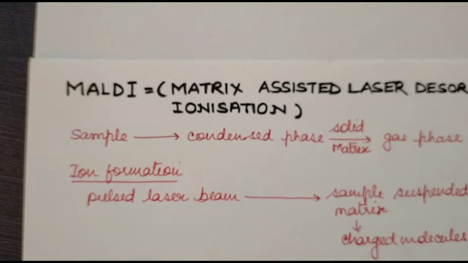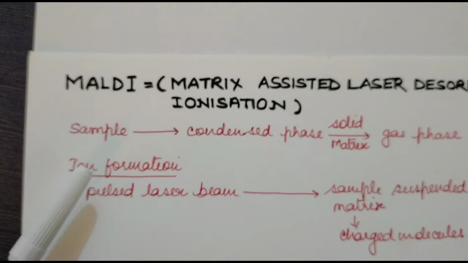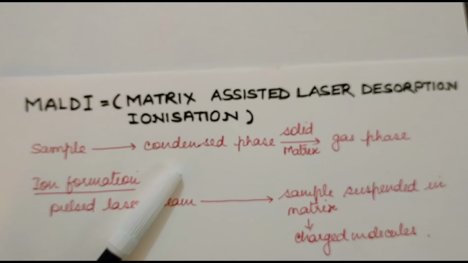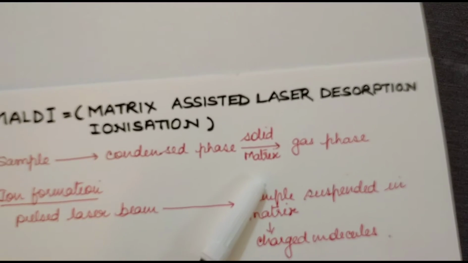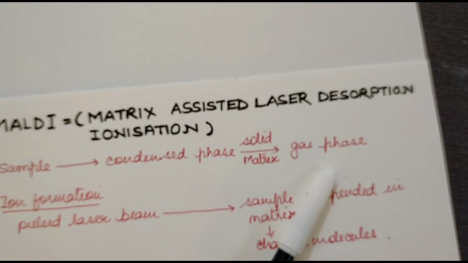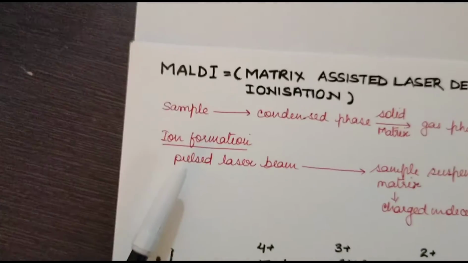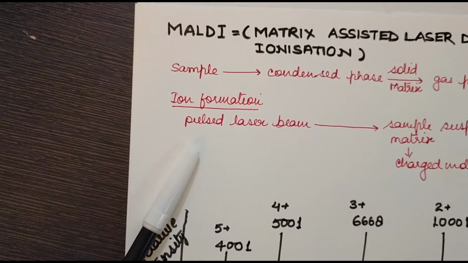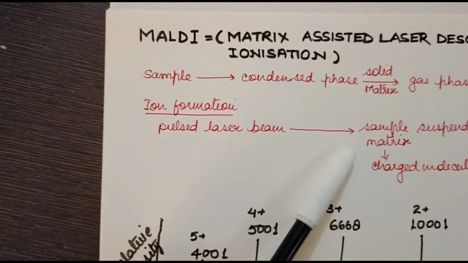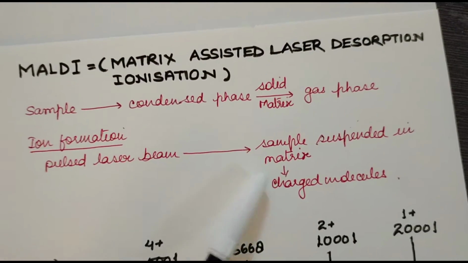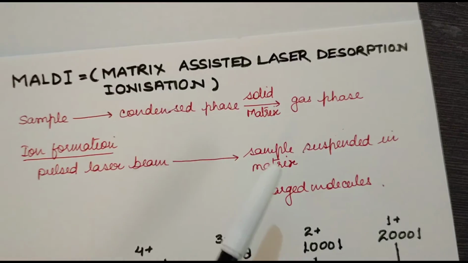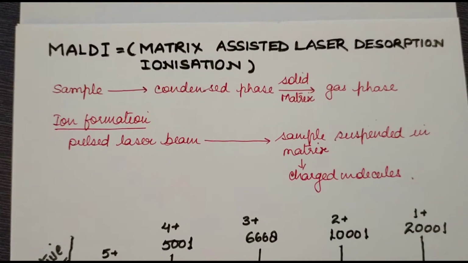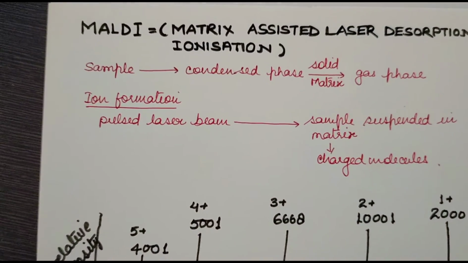How? We take the sample and convert it into a condensed phase, then with the help of a solid matrix we convert it into the gaseous phase. For ion formation, a pulsed laser beam is directed on the sample, which is suspended in a solid matrix, and charged molecules of the sample are created.